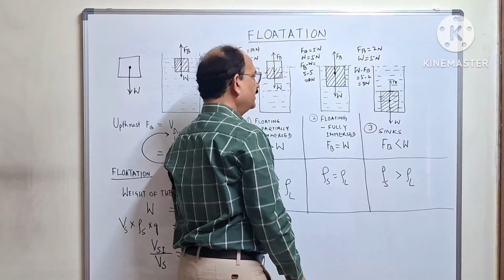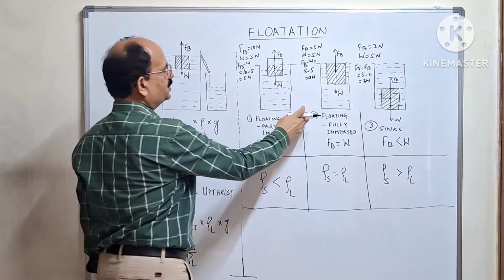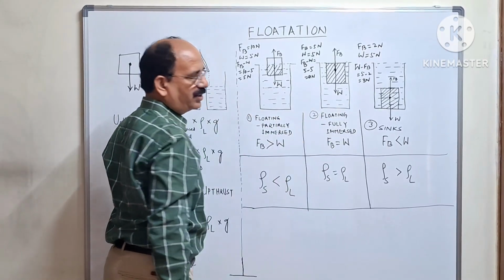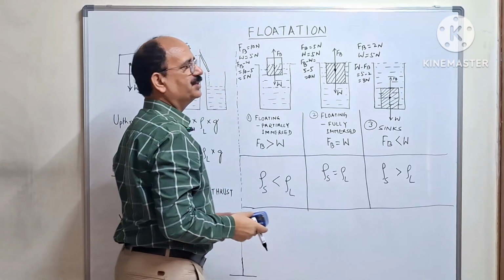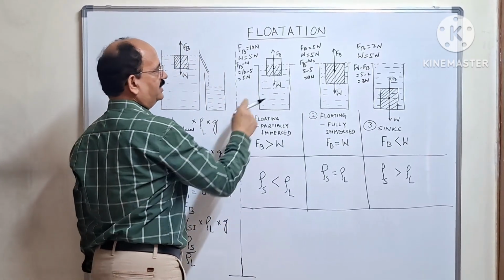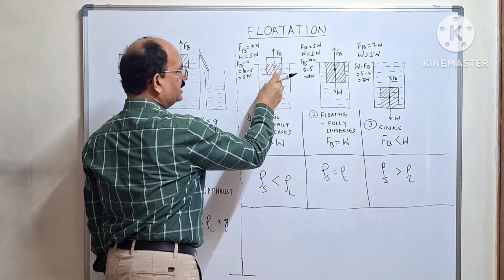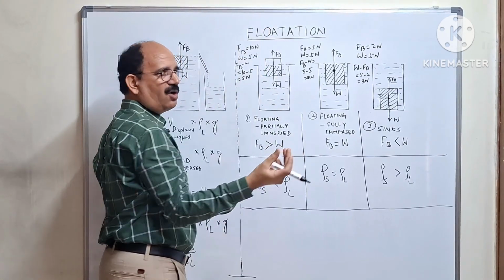Okay? So these are the three conditions in which the first two are the conditions of flotation, and the third condition is in which the body sinks. Be clear here, as I said, that if you bring the object inside and then leave it, it will just spring back like a cork.